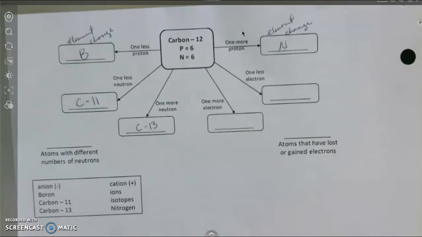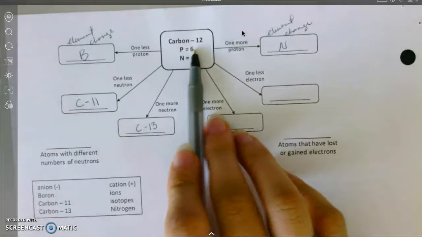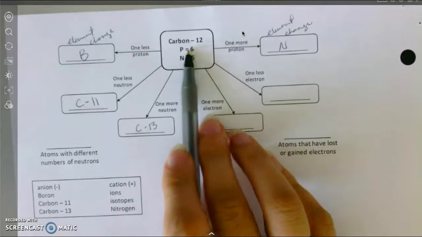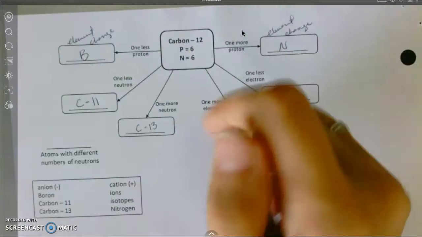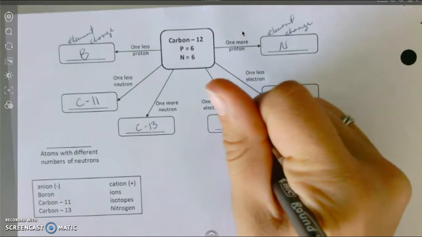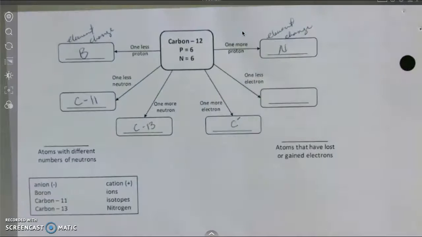Okay. What if I gained 1 more electron? So I have 6 protons, and when it's neutral, I have 6 electrons. So now I'm going to have 7 electrons to my 6, and so this would be carbon, and we would have a -1 charge.